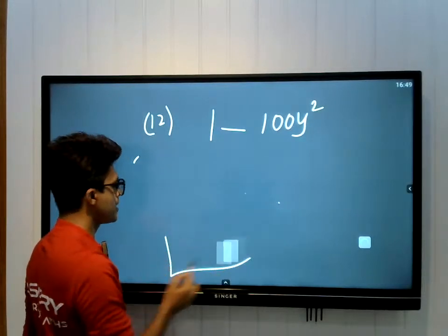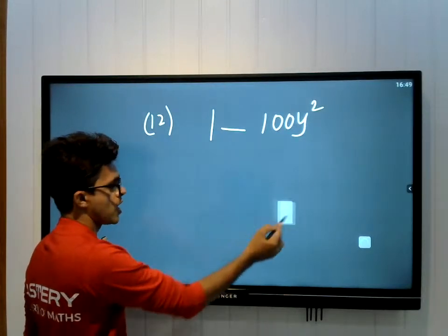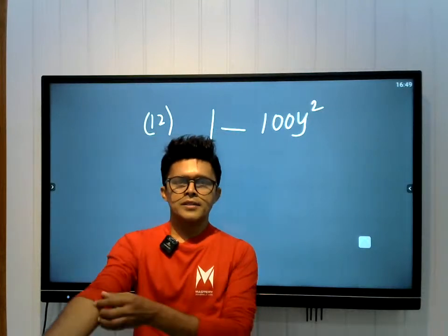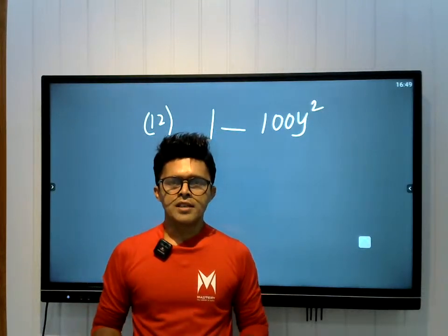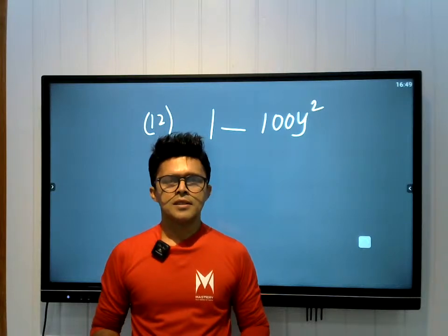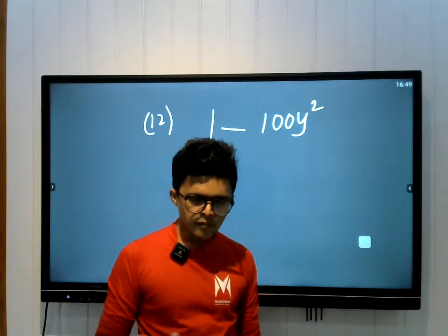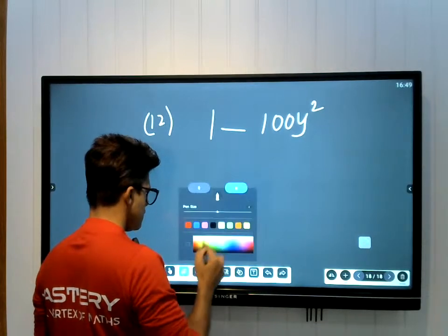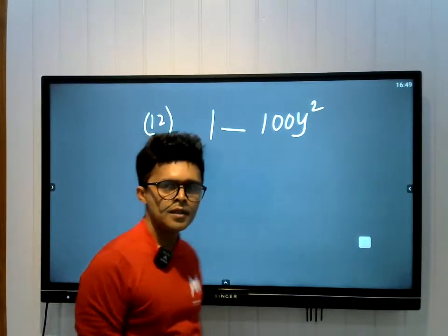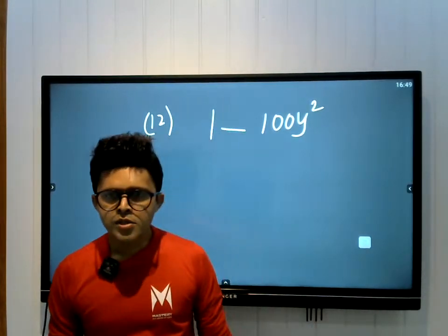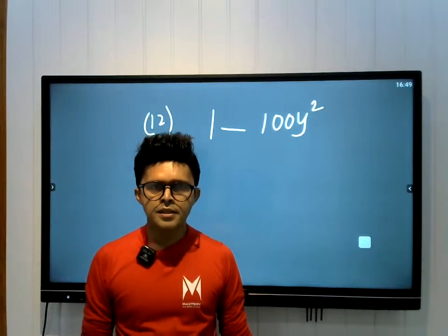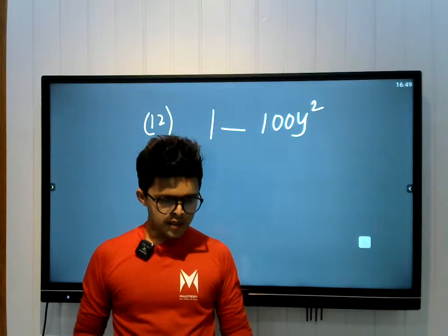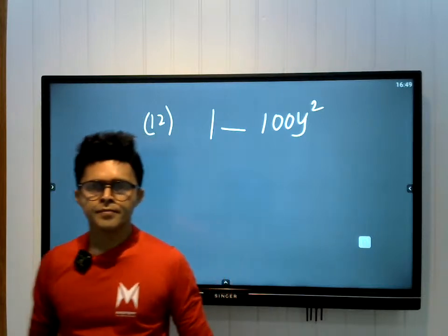1 minus 100y squared. Yes, how do you get the factors of this expression? 1 equals 1 squared. Try to get the answer.